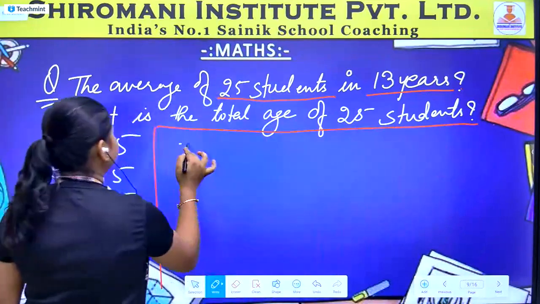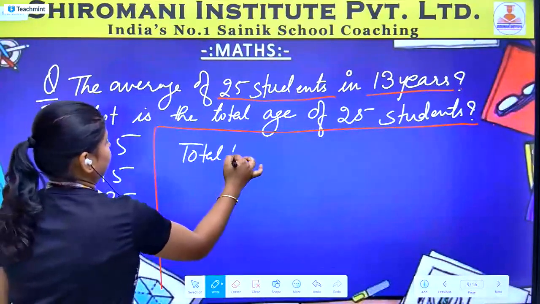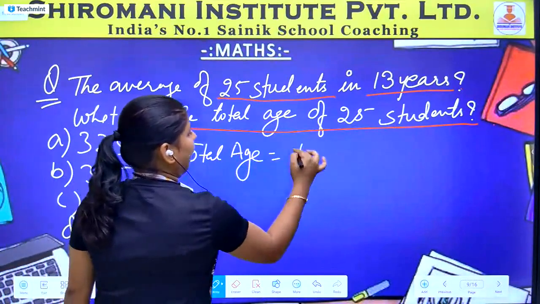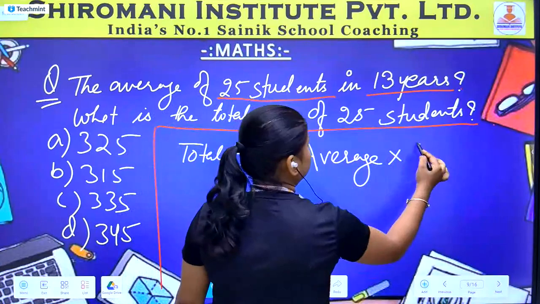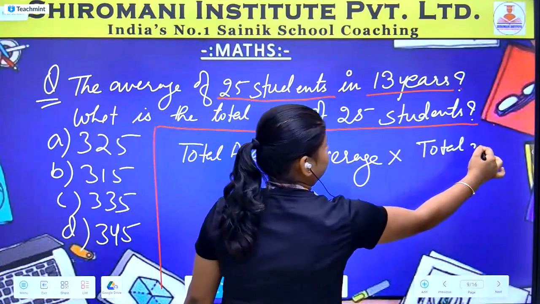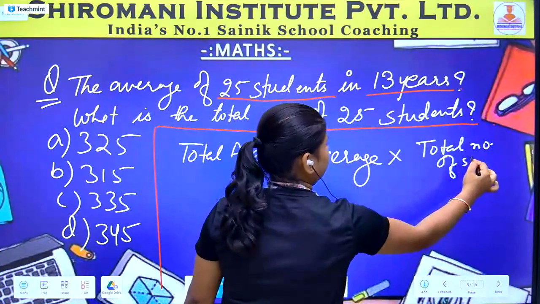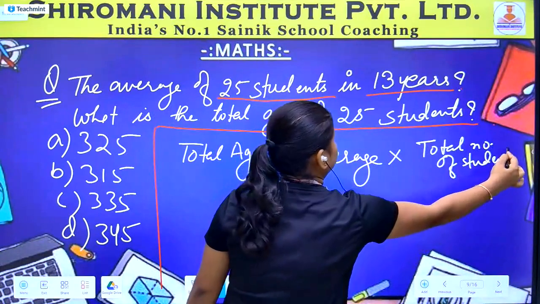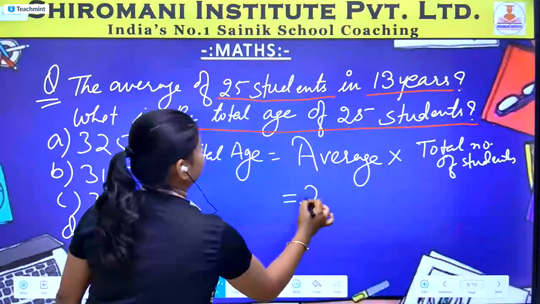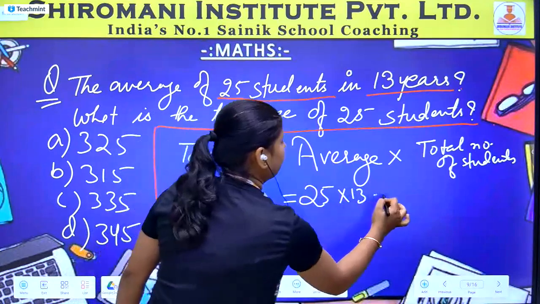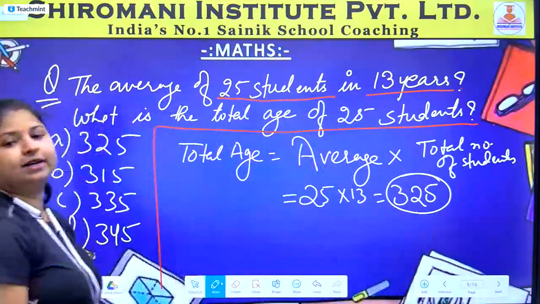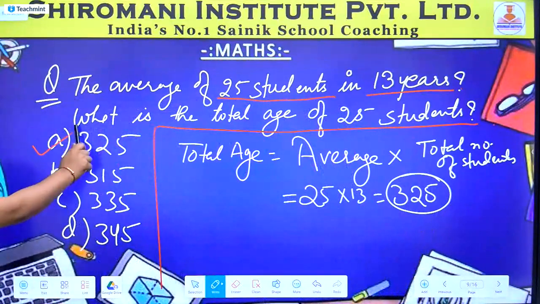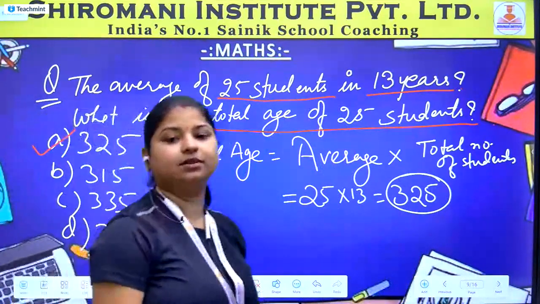So total age will be average into total number of students. So I shall multiply 25 into 13. I will get 325. Option A is the correct one.